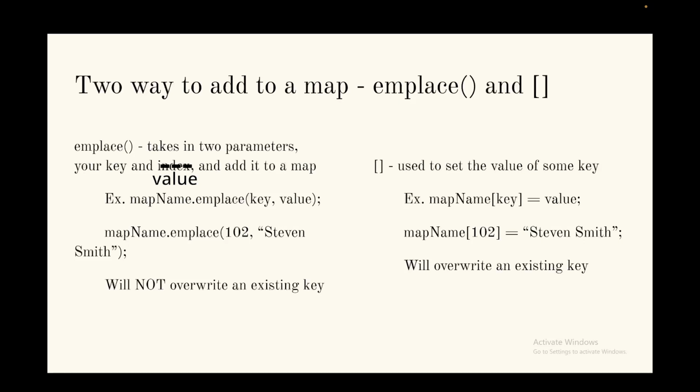But what makes it different from emplace is that if you were to change the value of the key, it would overwrite said existing key. So if you were to use the example from before, Aaron Rodgers, the bracket operator would change that key value pair to 102, Aaron Rodgers.